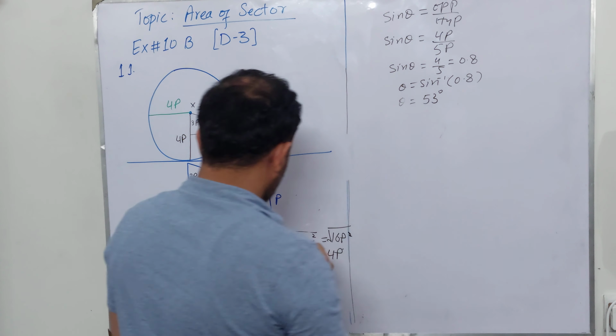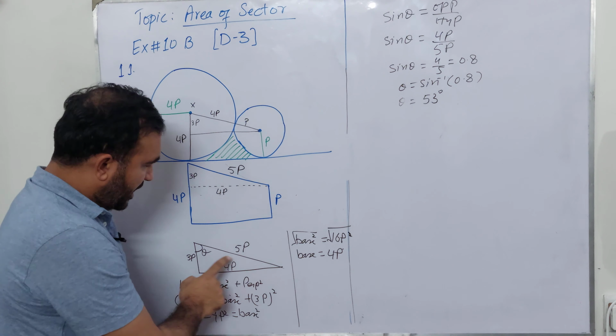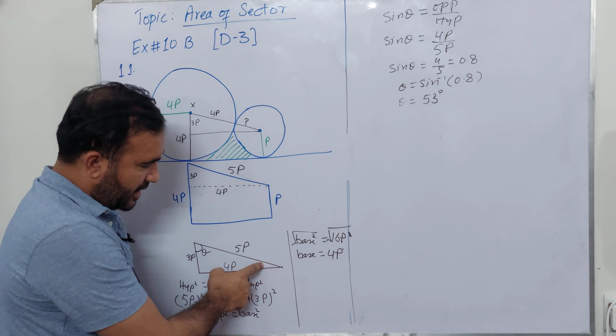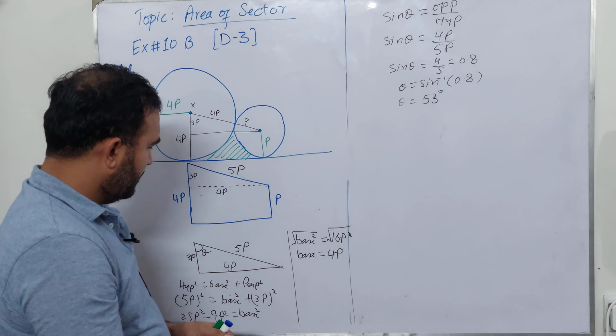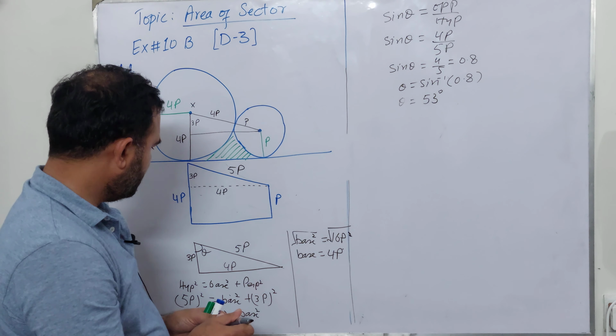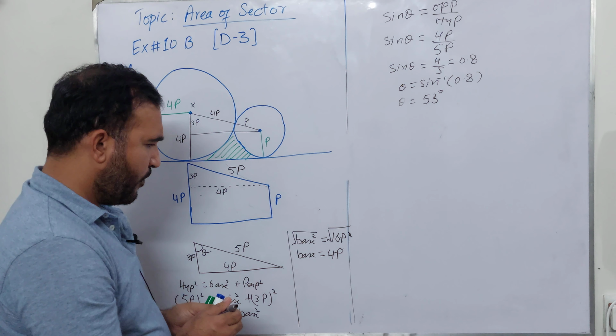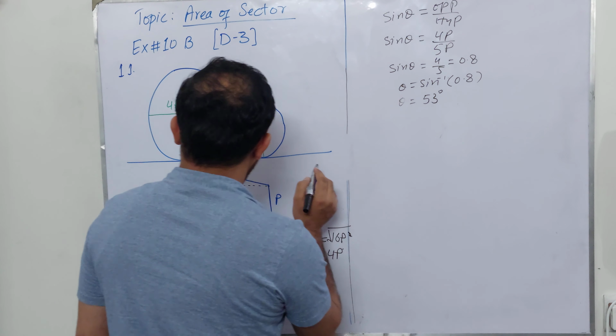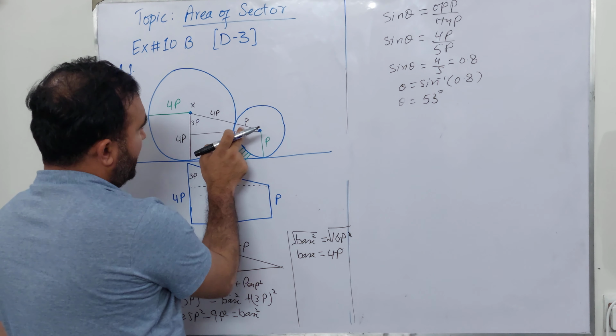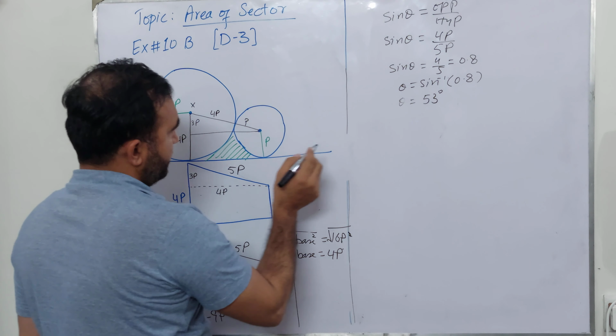right? If this is 53, then this will be 90 minus 53, which is equal to 37. So this angle is 53 and this will be 37.